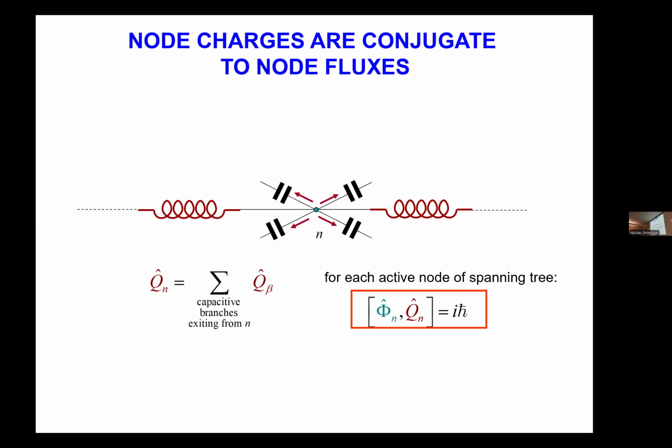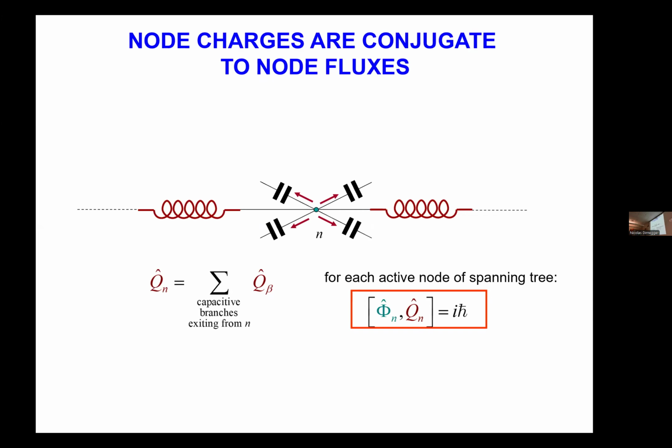What are the conjugate charges? Well, the conjugate charges are the following. The following charges will be the charges that flow from the inductive subnetwork to the capacitive subnetwork. So the charge which is conjugate to a node, this is the charge of a node, that's the charge that flows from that node into the capacitances.